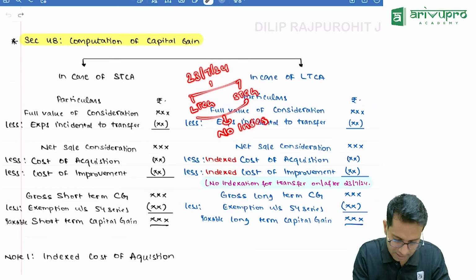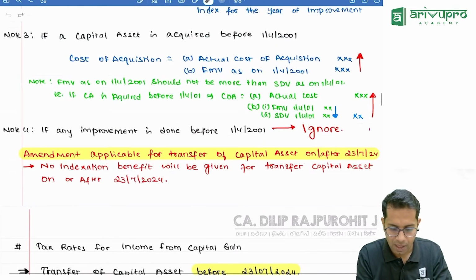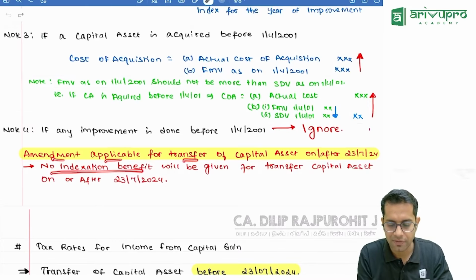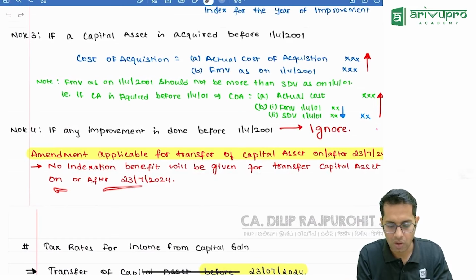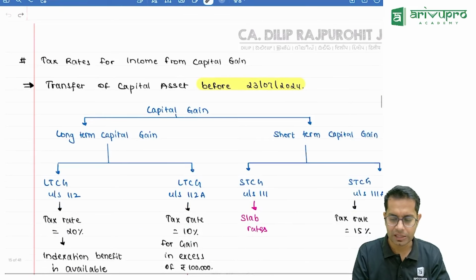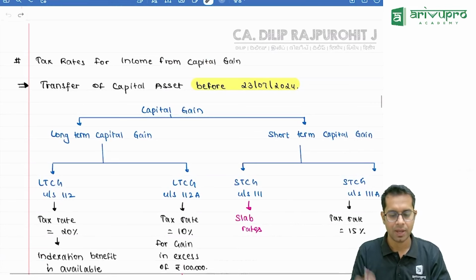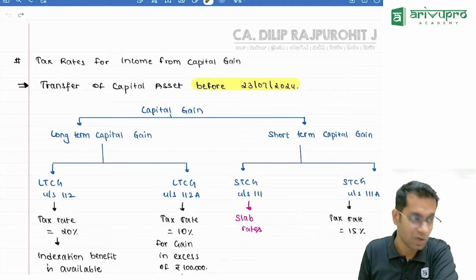Okay, but the amendment applicable for no indexation benefit will be given for transfer of capital asset on or after 23rd July. Now, this point which I have told will change for one person. That is not for computation of capital gain.